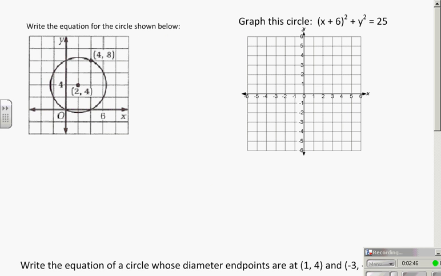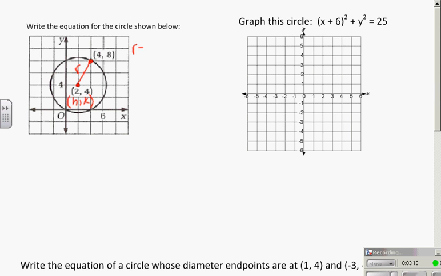Now, sometimes we have the picture and we need to write the equation. So (h, k) is given to us right here, so that's nice, but there doesn't seem to be a radius. But if I look at the center to any point on the circle, that's really the radius. And if I need the distance between two points, I'm going to use the distance formula.